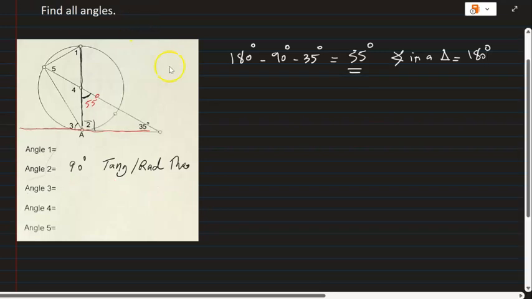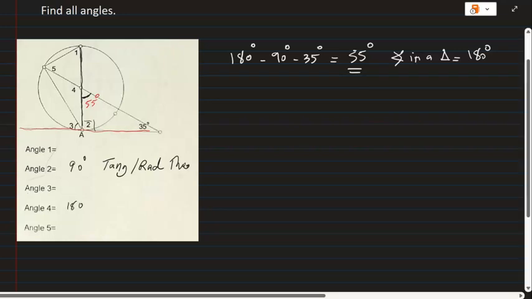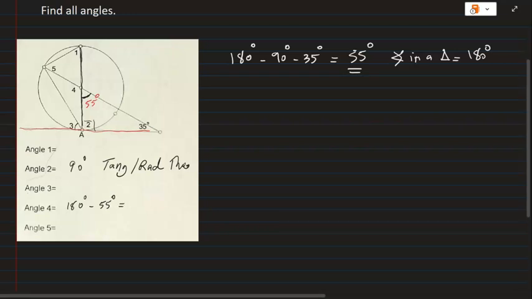Okay, very nice. Now that we have this angle 55, what is angle 4? Well, angle 4 and angle 55 are supplementary, which means they add up to 180. So angle 4 is 180 minus 55 degrees, which is equal to 125 degrees.